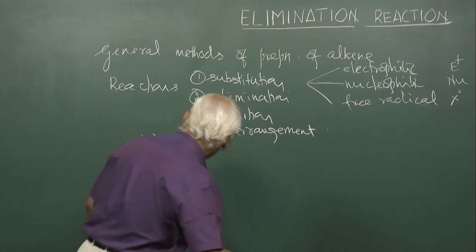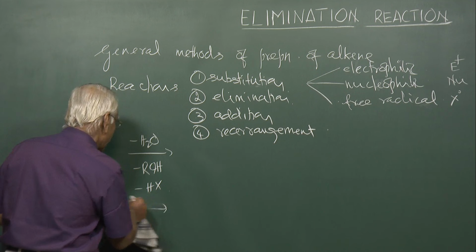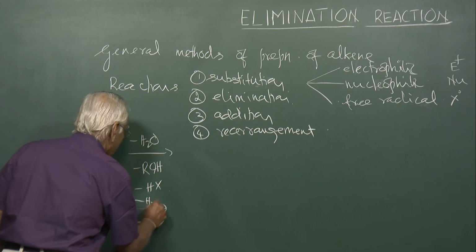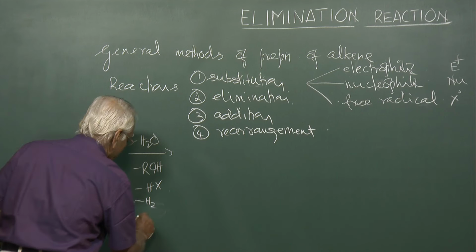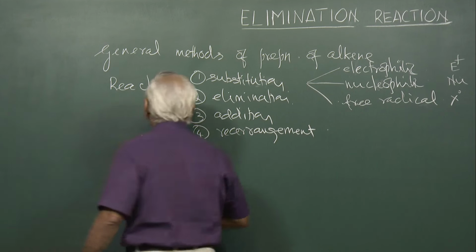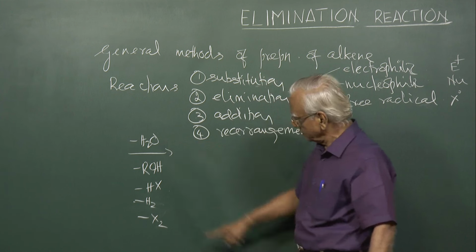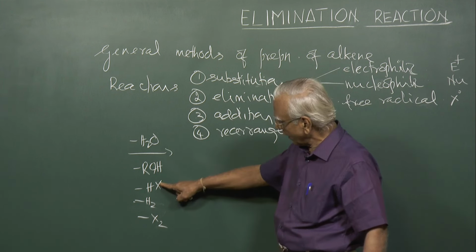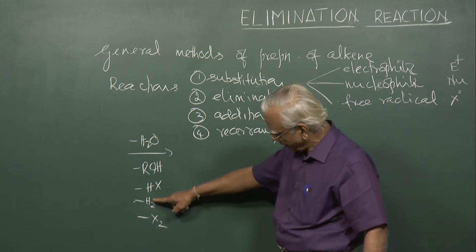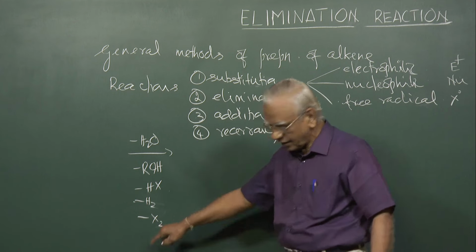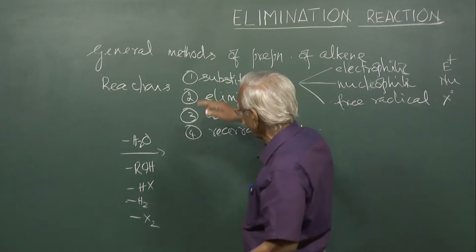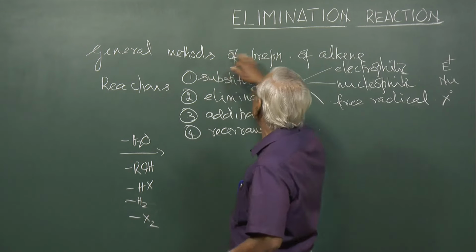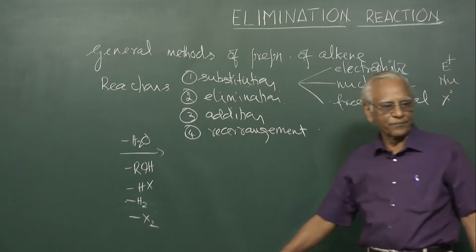Hydrogen can be removed, and it could be halogens, and we have specific names for these reactions: this is called dehydration, this is called dehydrohalogenation reaction, dehydrogenation reaction, and dehalogenation reactions. And probably we will be explaining all these methods also towards the preparation of an alkene.